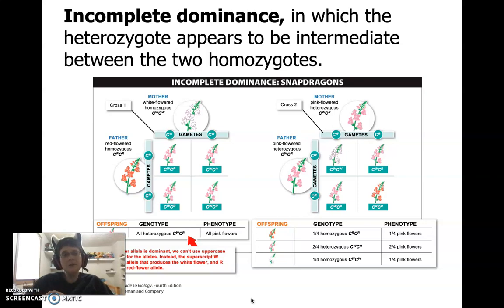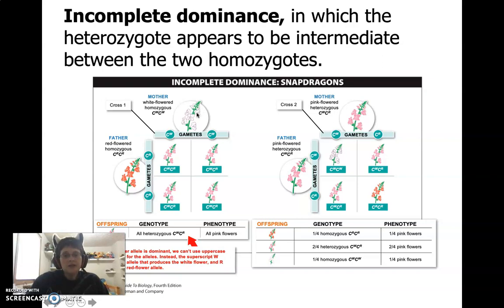Incomplete dominance is where the heterozygote, the one that has both copies, is actually a blending of the two parents. The most common place we see this is in flowers. You can see we start with a red snapdragon and a white snapdragon.